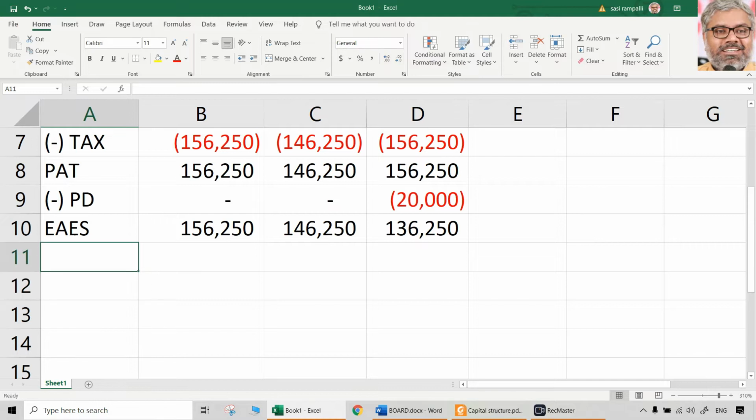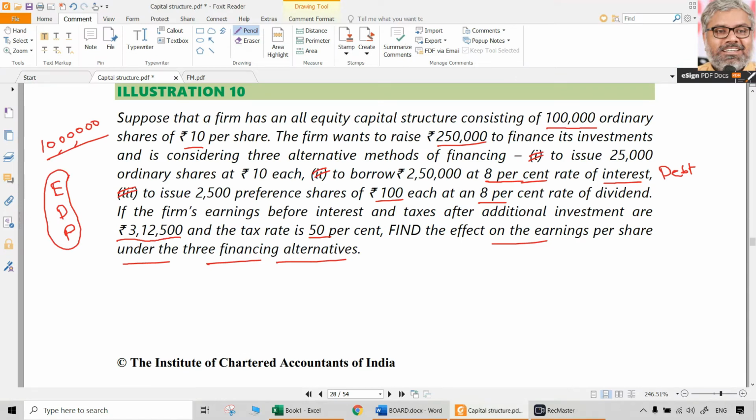For that purpose, we need number of shares. Number of shares will be how much in each of the alternatives. See, already the company has 100,000, 1 lakh equity shares. You cannot ignore that. You cannot take only the extra shares issued. All shares to be considered. So 1 lakh is there already. But in first scenario, the company will issue shares at 10 rupees per share.